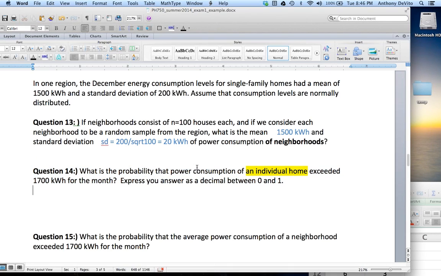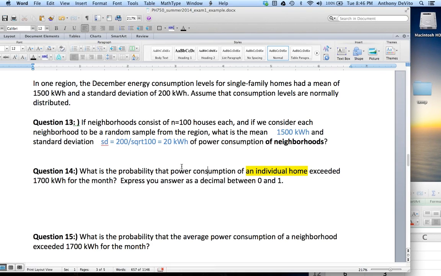What's the probability that the power consumption of an individual home, just one home, not a neighborhood of 100 homes, but any home out of this group of all these homes in this state, exceeded 1,700 kilowatts for the month? Okay, well, I would have a normal distribution. The mean would be 1,500.